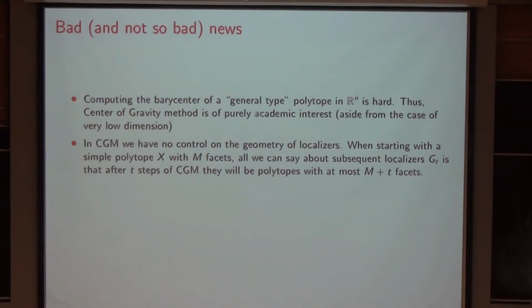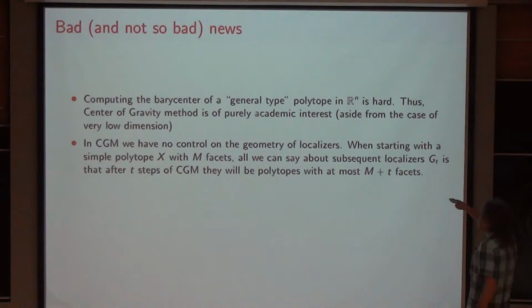This algorithm was discovered in '65, and one could ask what was the impact of this discovery on optimization. Actually there was none. The reason is that computing the center of gravity of a complex polyhedral set is hard.